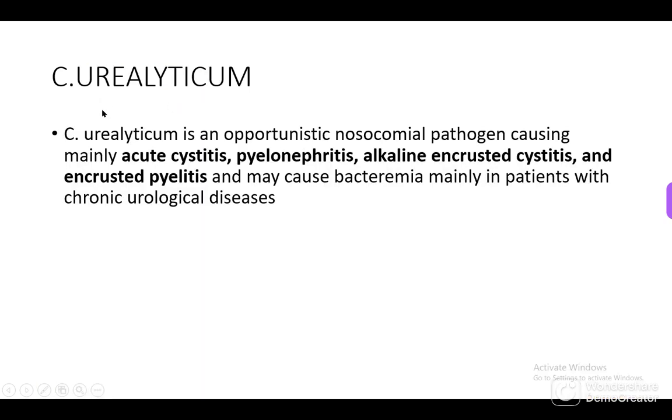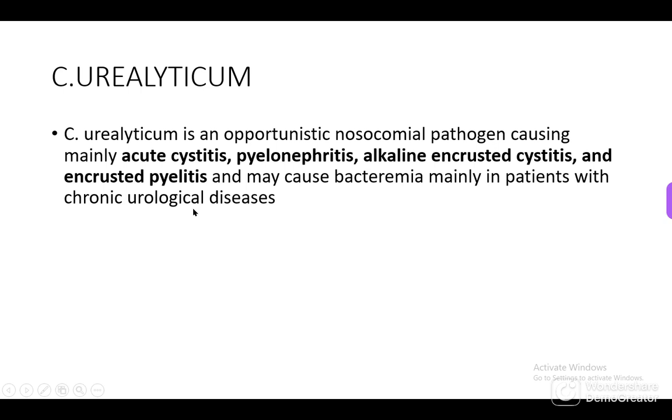And another is Corynebacterium urealyticum, which is important for nephrologists. Corynebacterium urealyticum is an opportunistic nosocomial pathogen causing mainly acute cystitis, pyelonephritis, alkaline-encrusted cystitis, and encrusted pyelitis. Crusts are formed and may cause bacteremia, mainly in patients with chronic urological diseases.